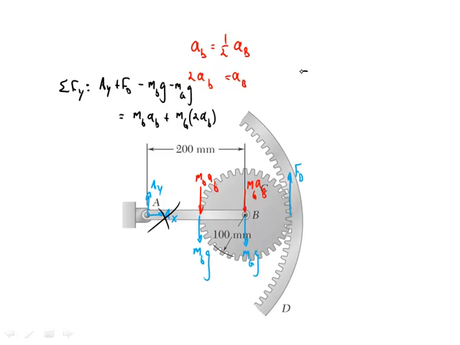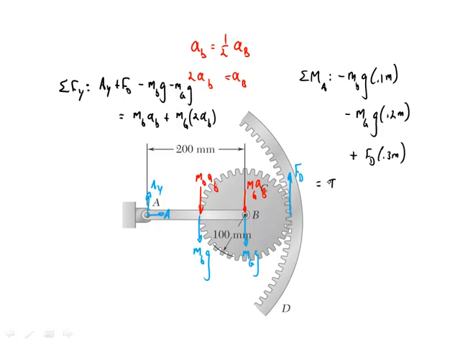And then let's just do a sum of the moments about A. So I'm going to get the mass of the bar times g times 0.1 meters. And that's clockwise, so that's a minus sign. Minus the mass of the gear times g times 0.2 meters plus F_D times 0.3 meters.